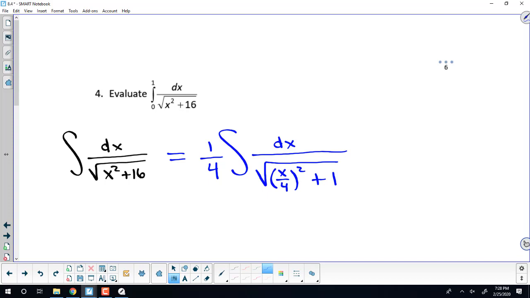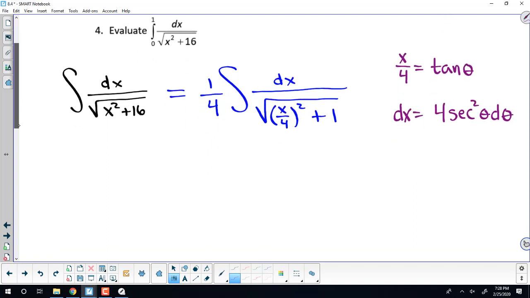So algebra. Similar to that last problem, we have a square plus 1, so we're going to let our square be tangent. Take the derivative of that. And then plug in our substitution.